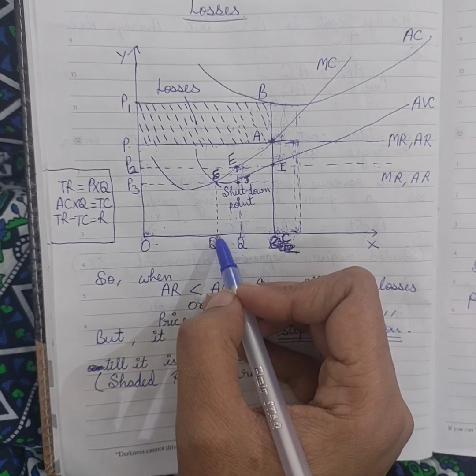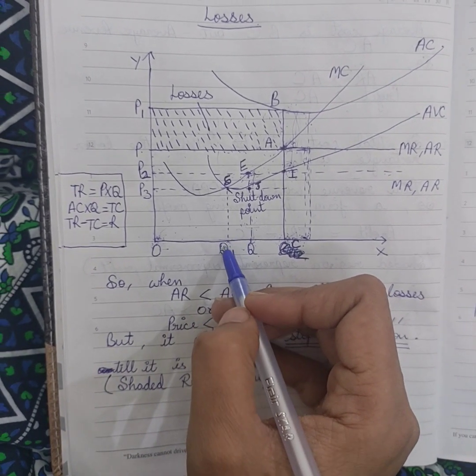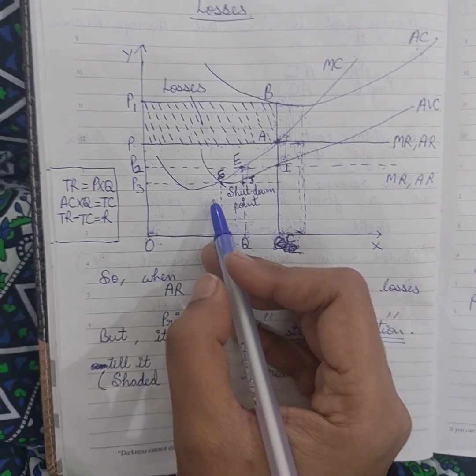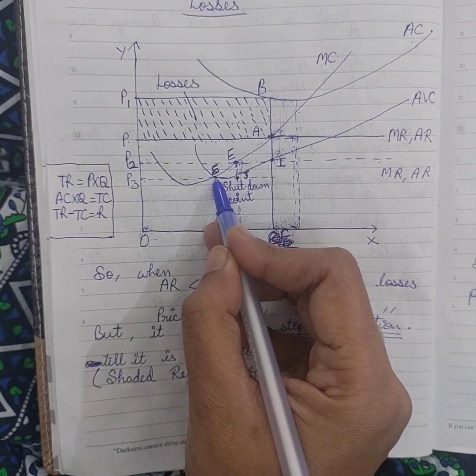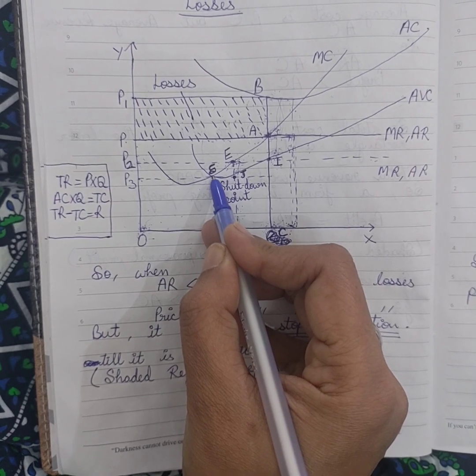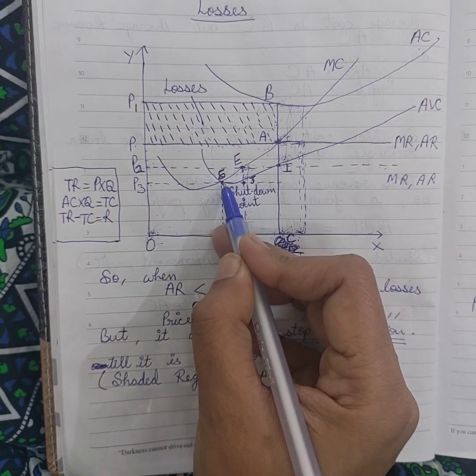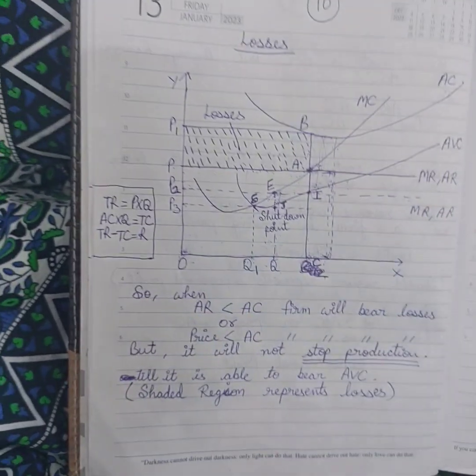So our firm is able to cover its variable cost. So S will be our shutdown point.